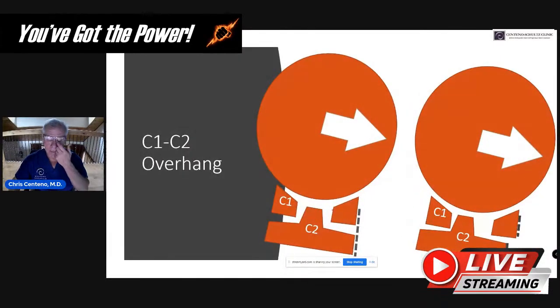Now, this is the way it would look if I just draw a representation of it to make it look a little bit easier. So if you laterally bend and we're looking through your open mouth and we see C1, C2, everything should stay aligned. And the max on this measurement at those two corners of C1 and C2 is 2 to 3 millimeters.